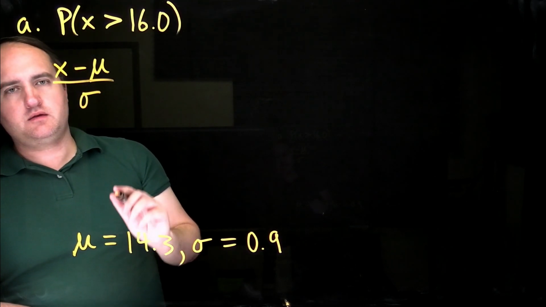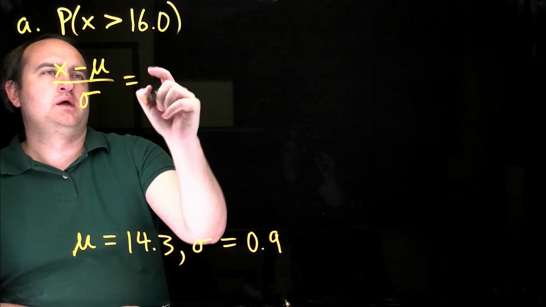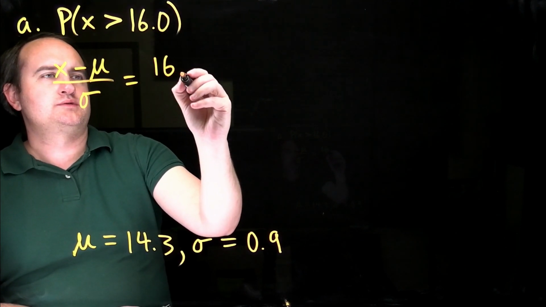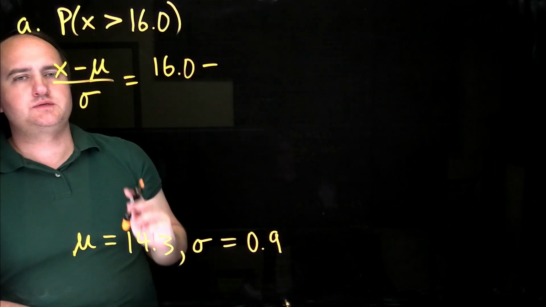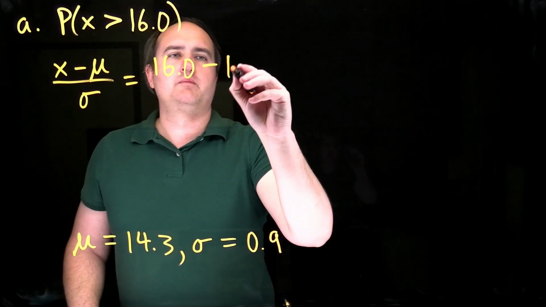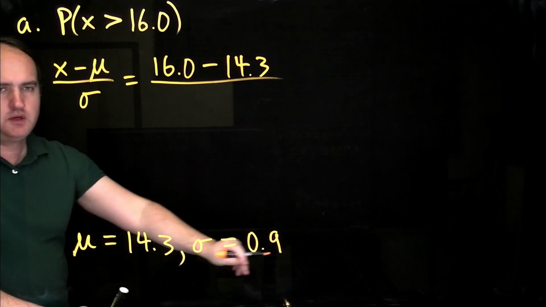Plugging in, x is 16.0 minus mu, which is 14.3, all over sigma, which is 0.9.